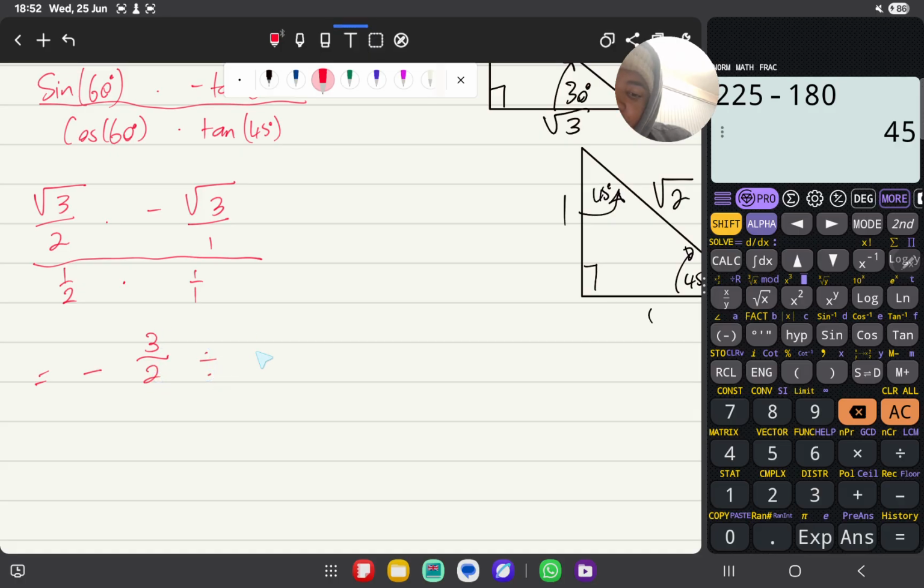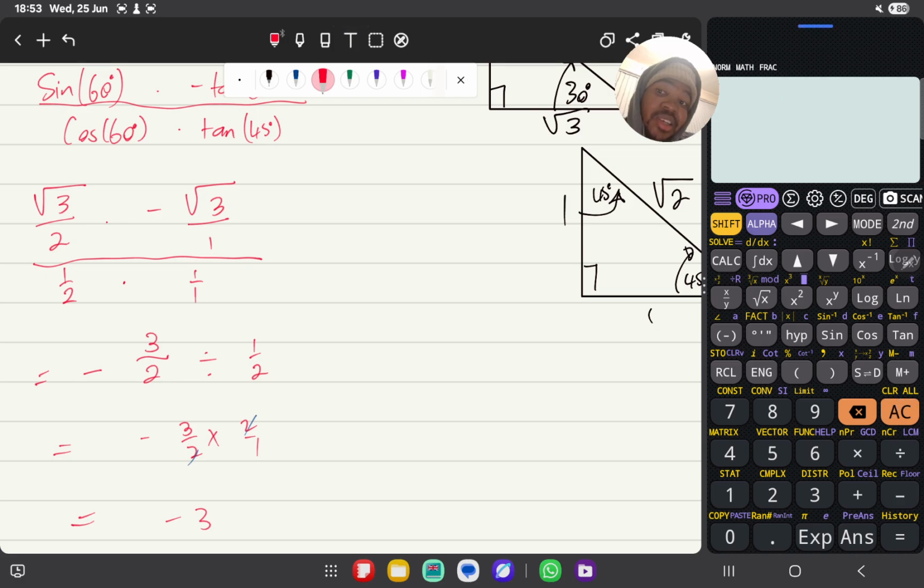Then you have divided by 1 over 2, which is negative 3 over 2 multiplied by 2 over 1. And then the 2s divide each other. The last value you have is minus 3. And for our satisfaction, we didn't use a calculator at all.